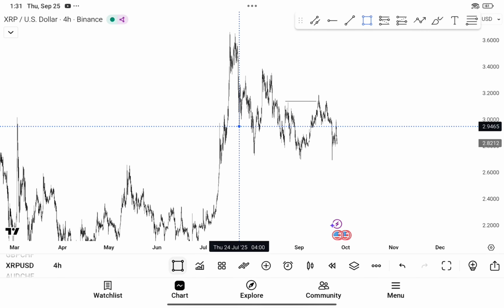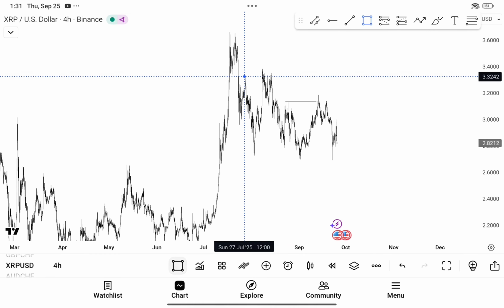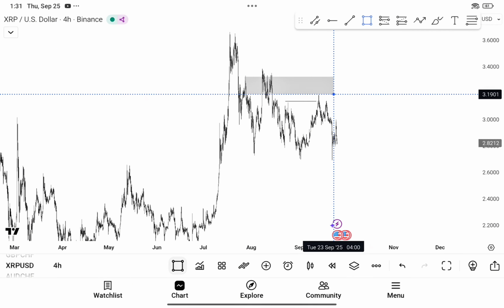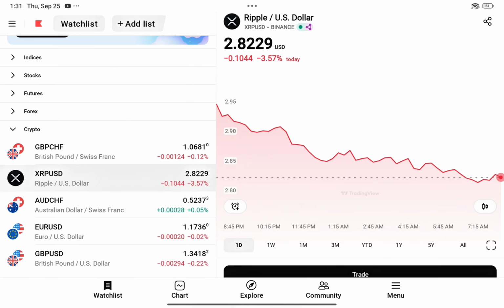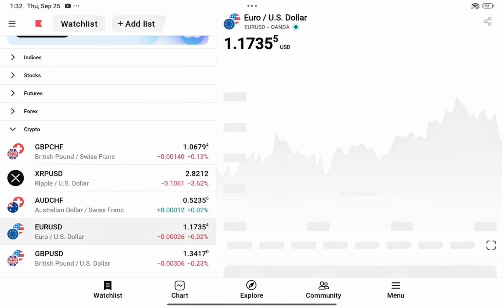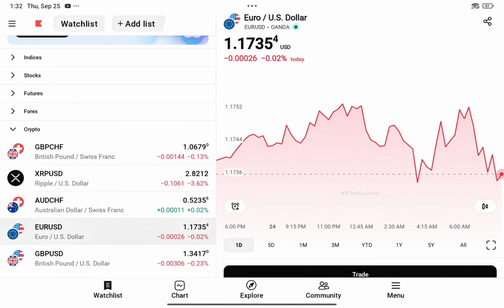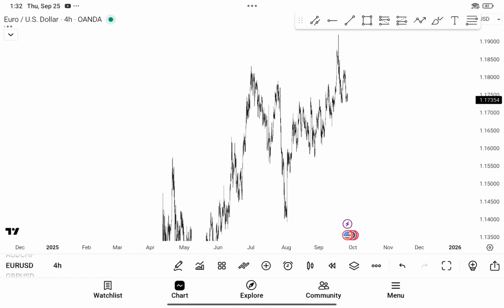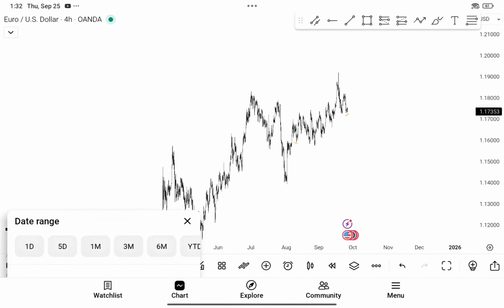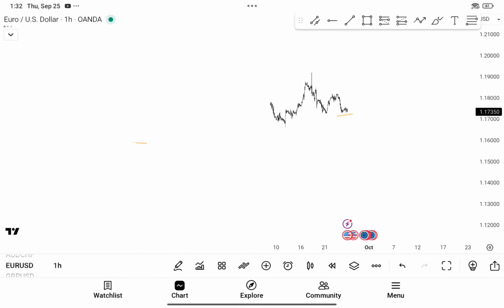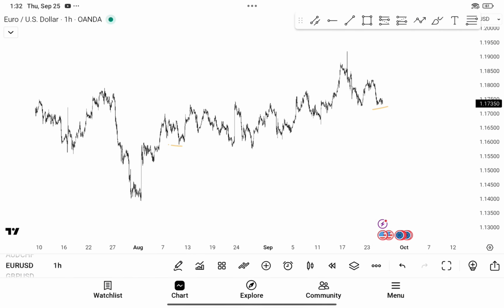We have our block, our zone from here. Let me look for something similar. Okay, this is Euro USD. Let me get the replay button from this angle.